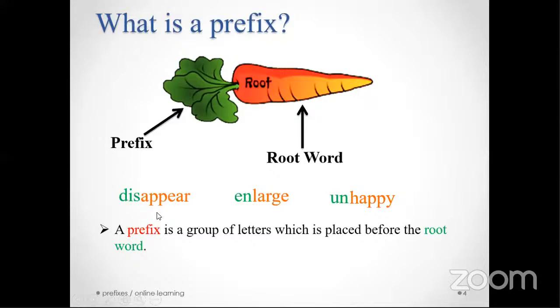You may remember where we added the suffixes. We added suffixes after the base word. To the word happy we added happiness, happily; they were suffixes. A suffix is added at the end of a word.